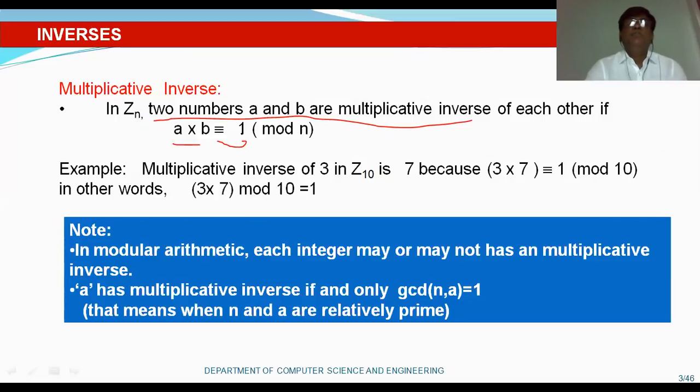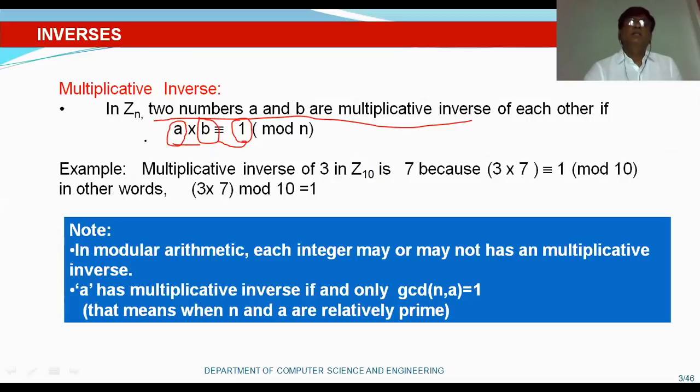It's not 0; that is for the additive inverse. Since it is the multiplicative inverse, the product of a number and its multiplicative inverse should be congruent to 1, not n.